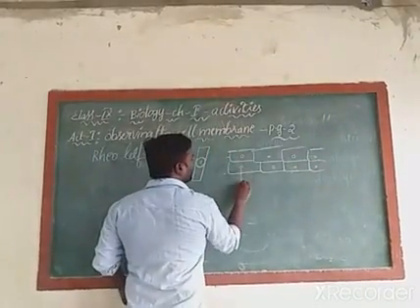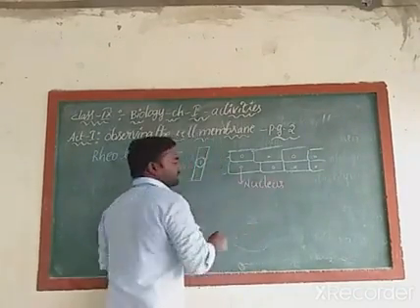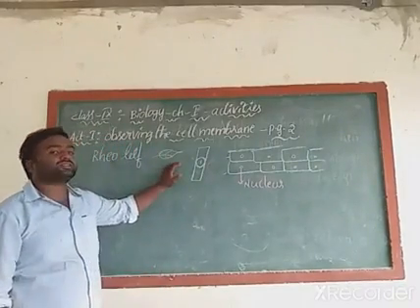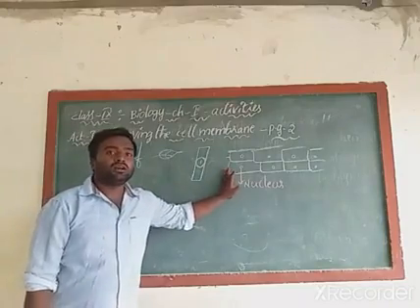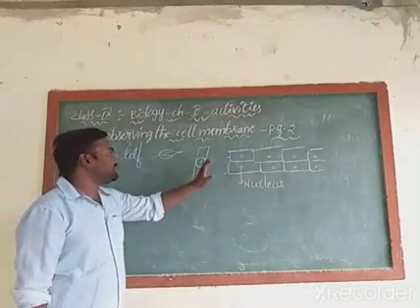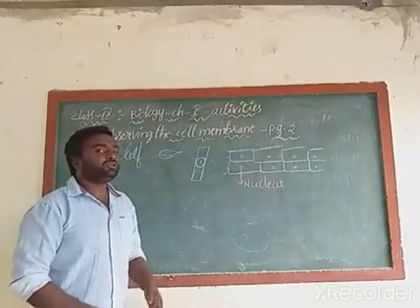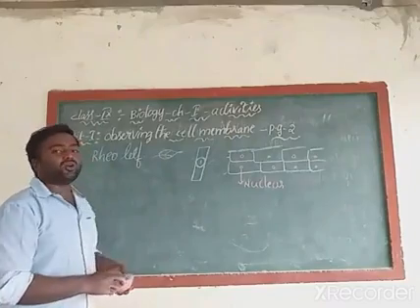What do we call it? We call it the nucleus. So here also, in the case of the Rheo plant leaf, there is a chance to see rectangular shaped cells.